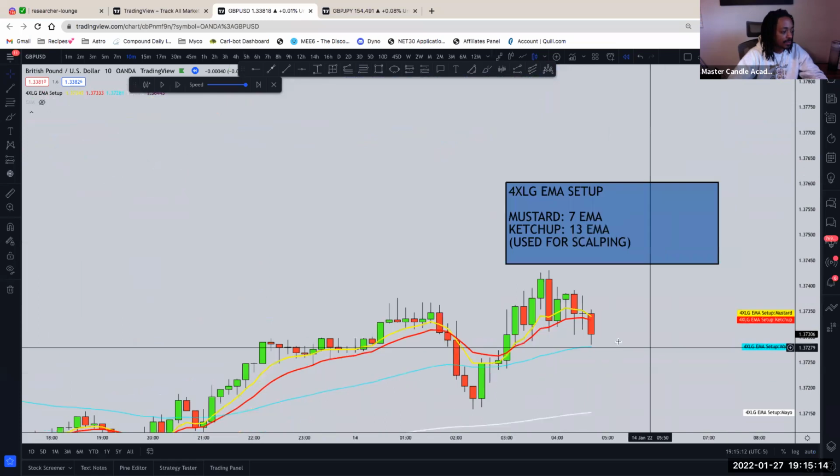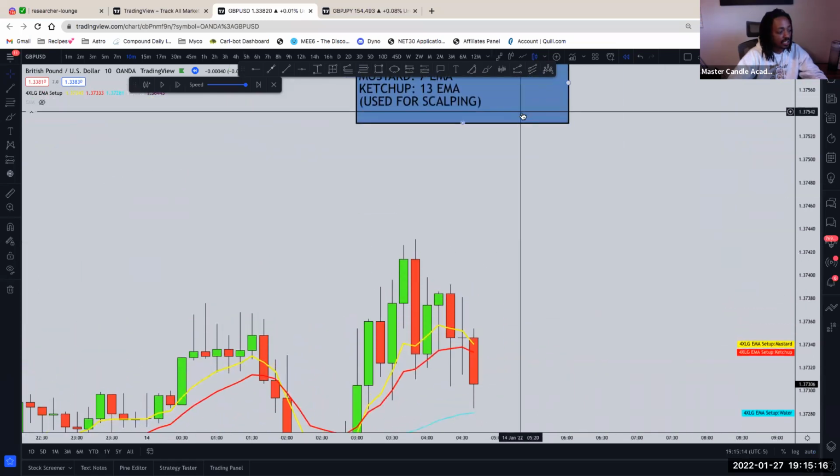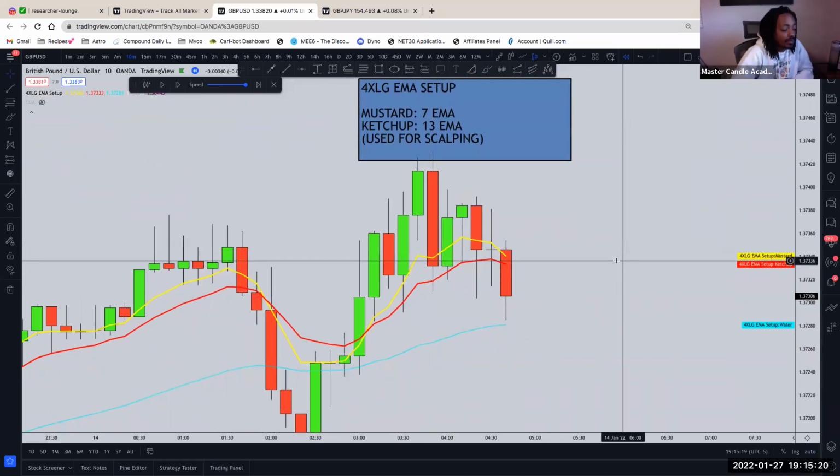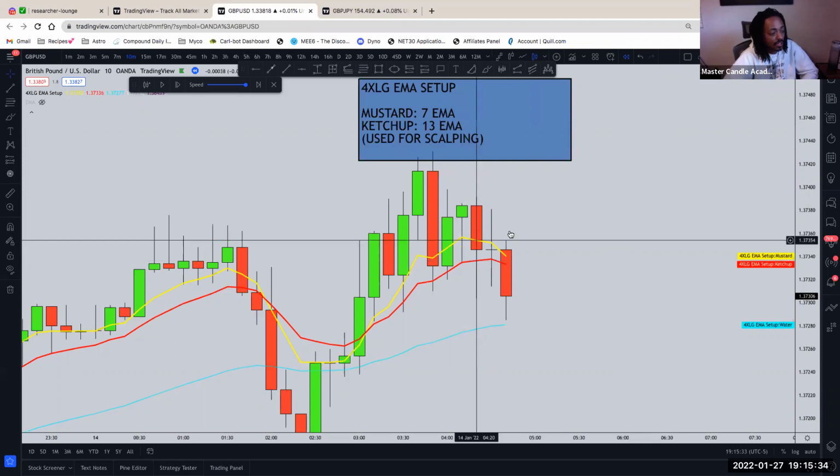So we've got ketchup and mustard, and I told you that they're used for scalping. So what I am looking for when I am using ketchup and mustard is for mustard to cross either to the downside or to the upside through ketchup. What do I mean by that?